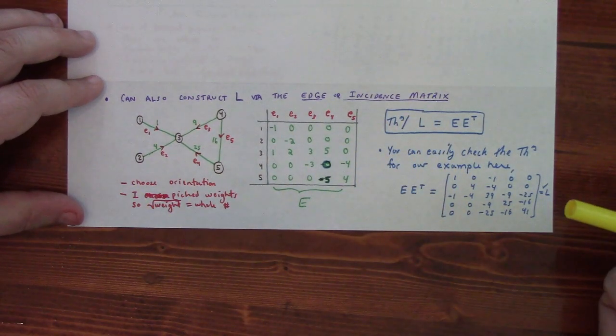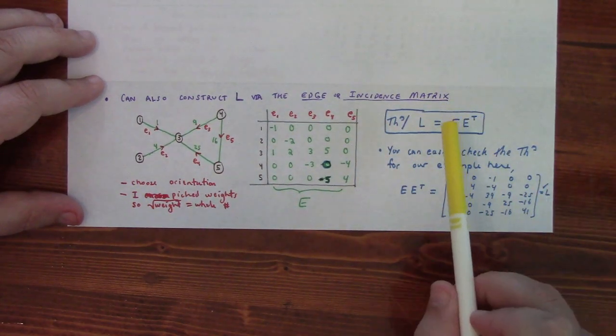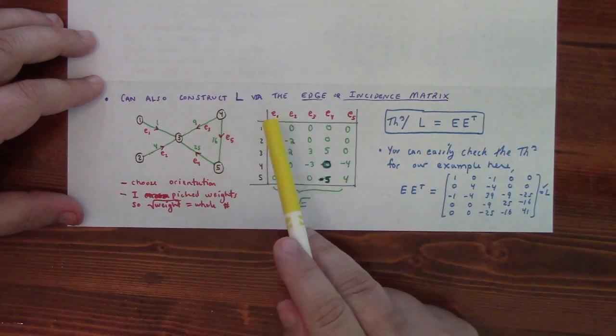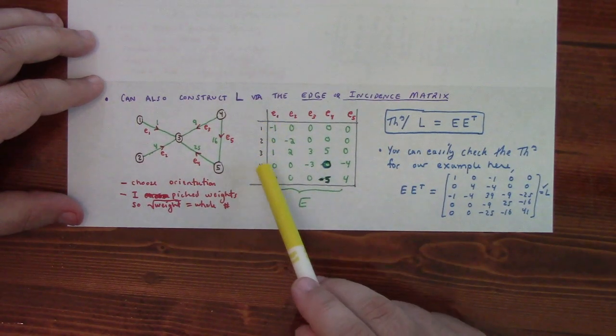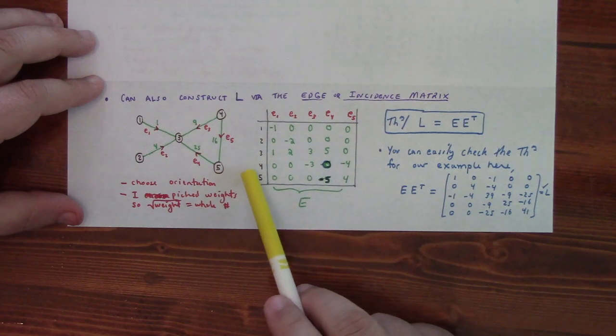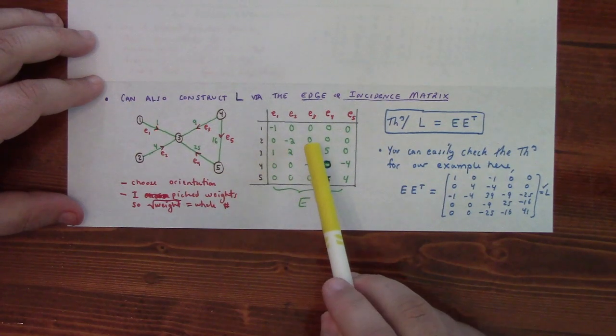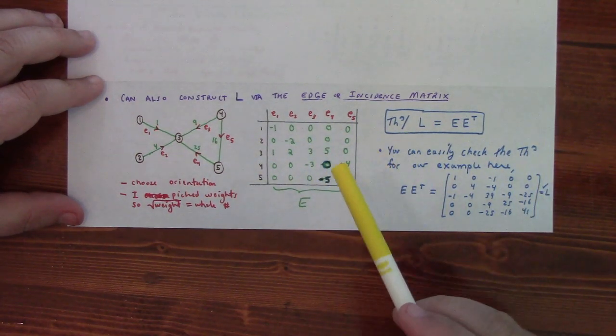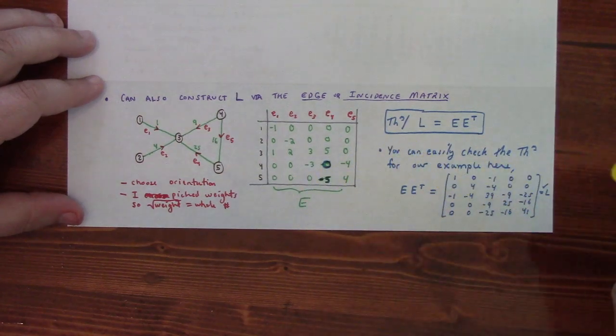Same goes here. But with this incidence matrix, what we do is we put the nodes like this and the edges like that, and I figured out, I haven't found this in any of my references, but I'm pretty sure this works.